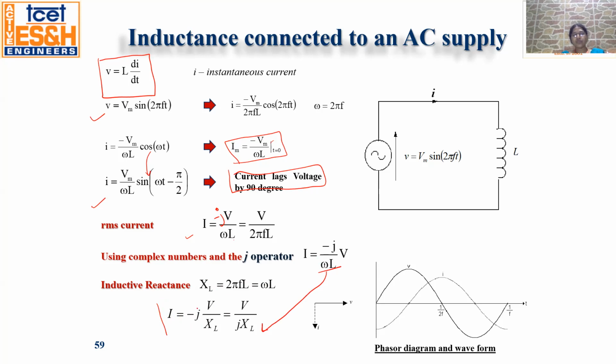If you want to remove this minus J, put J in the denominator: V by J XL is the current across the circuit. This is the waveform: the voltage across the inductor, and the current across the inductor lagging 90 degrees behind.